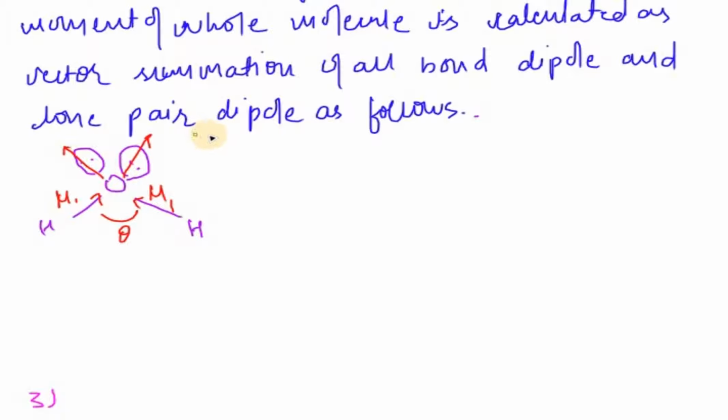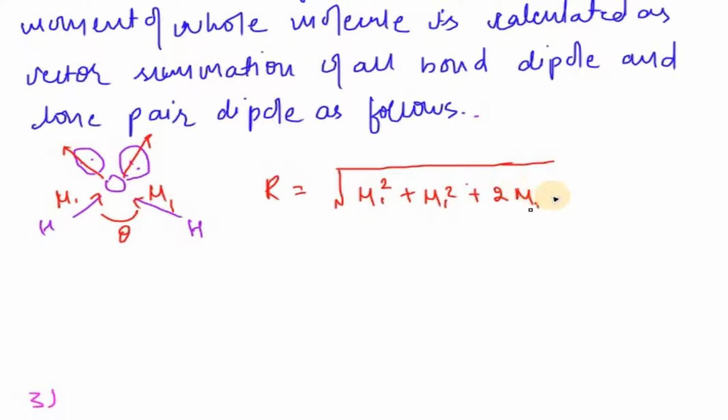Let's say the resultant is r. So r is given by the root of mu1 square plus mu2 square plus 2 mu1 mu2 cos theta.